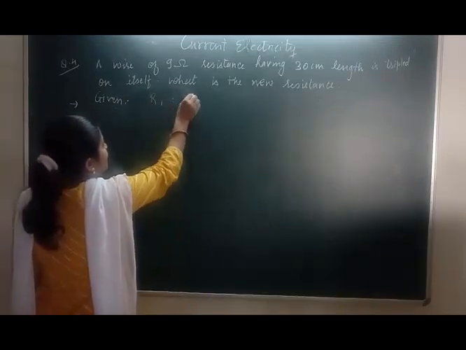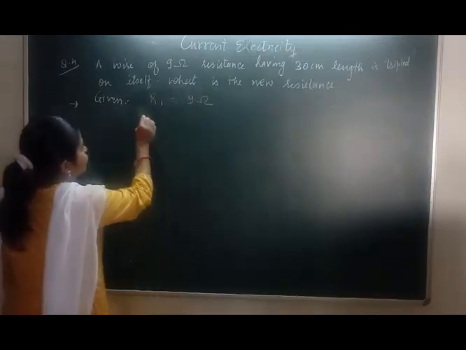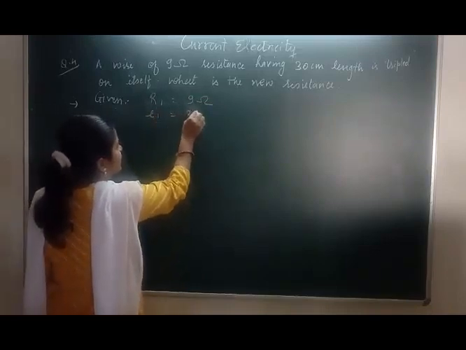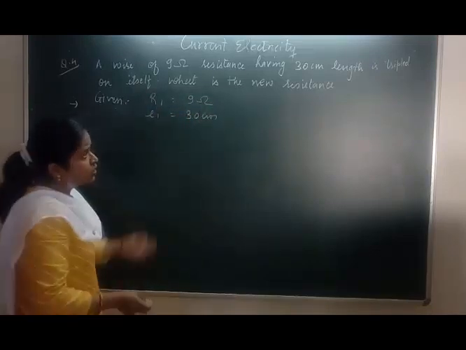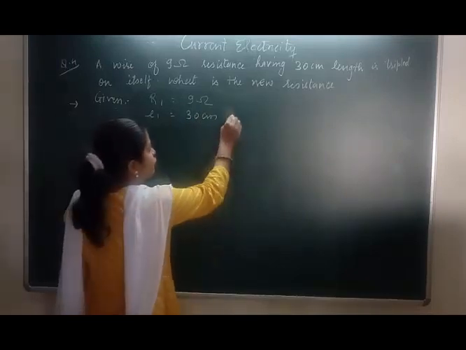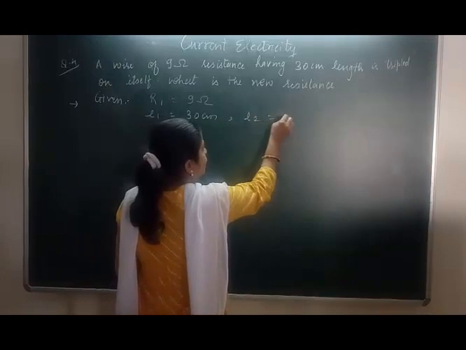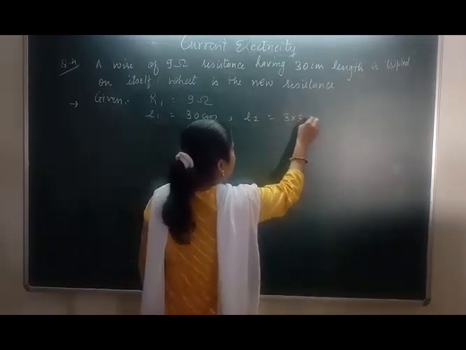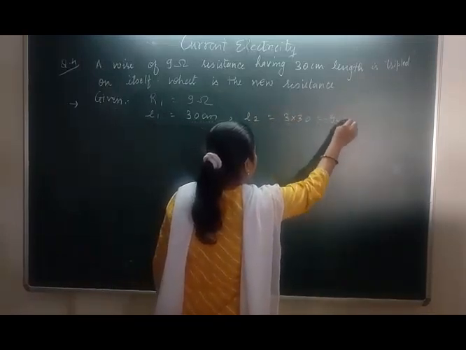So let us write it down. R1 is given to you as 9 ohm. Length of the wire is given 30 centimeter. L1 is 30 centimeter. So what will L2 become? Because it is being tripled, L2 will be equal to 3 times 30. We'll get 90 centimeter.